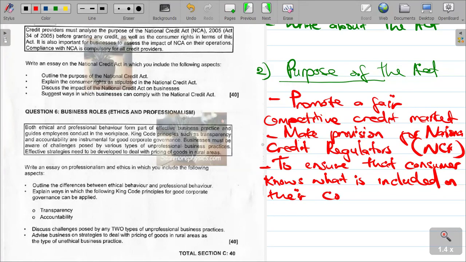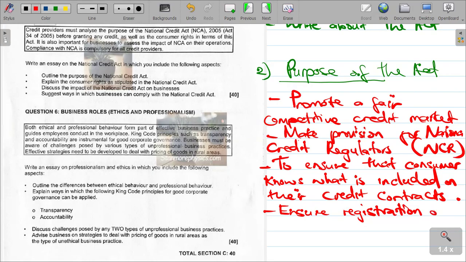It also wanted to ensure registration of credit bureaus and debt cancelling services.